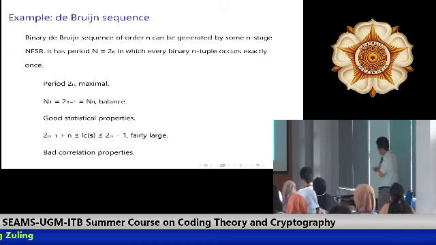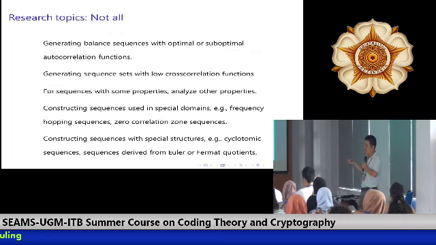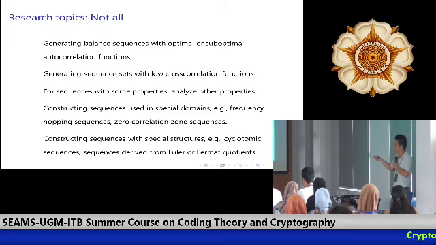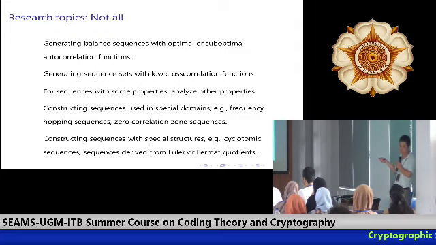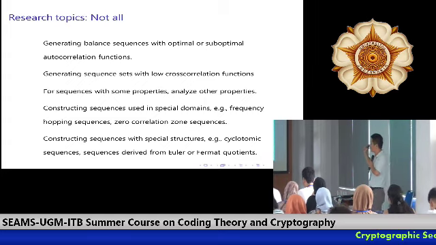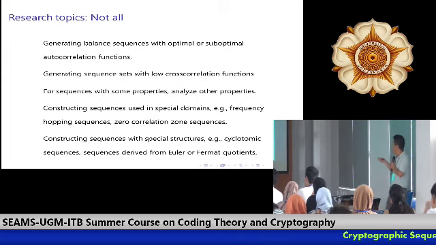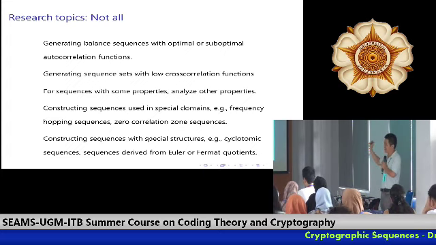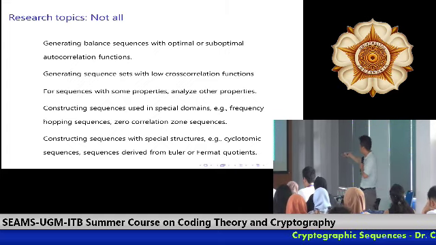Okay, about the research on sequences, this was just a few topics, but there are a lot of other topics you can consider. One basic one is generating balanced sequences with optimal or suboptimal autocorrelation functions. Another one is sequences with good cross-correlation functions. It's very important again, just like CDMA using a sequence set.